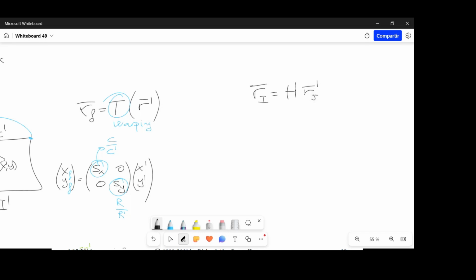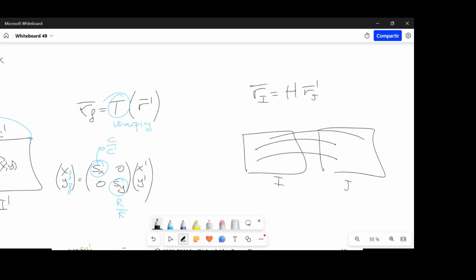We call it K. So we take coordinates in the transformed image, that is the one that is moved. We multiply by a matrix, and then we get the coordinate in the image. And now we have pairs. This point goes to here, this point goes to here, this point goes to here. So we have R1 prime, R1, R2 prime, R2. Many pairs like that.